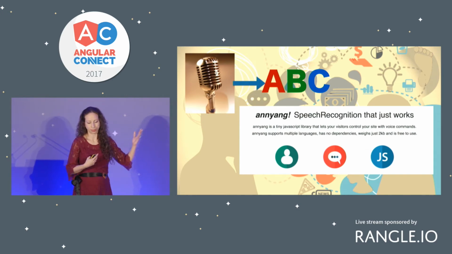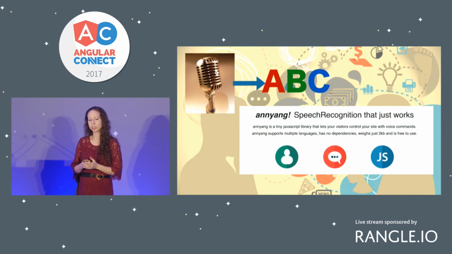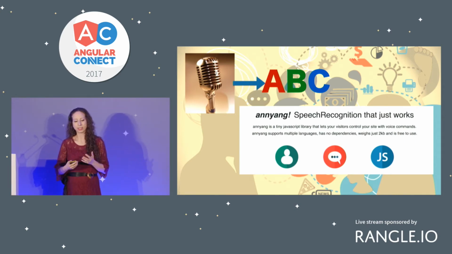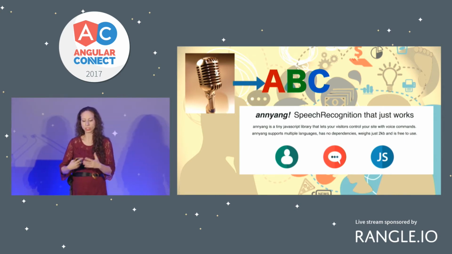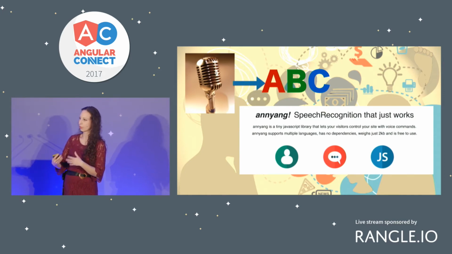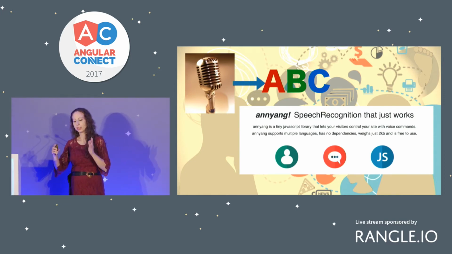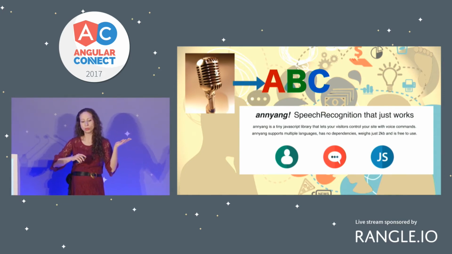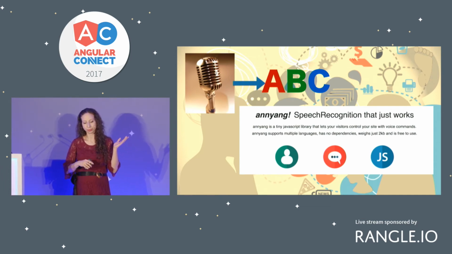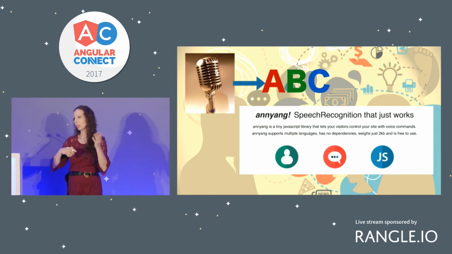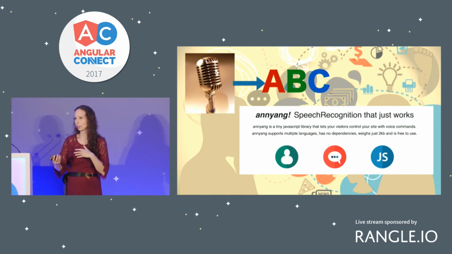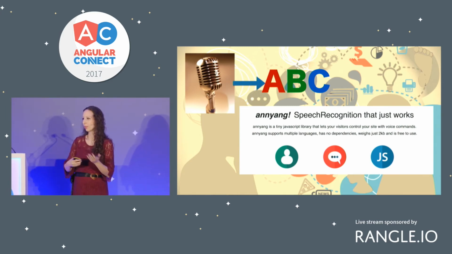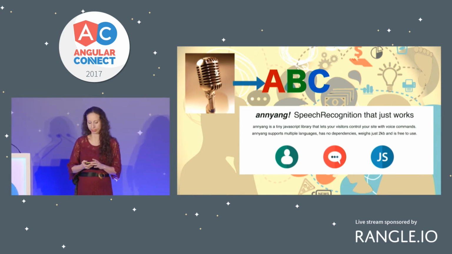For example, this great, very well-known library is called Annyang. You can give it sentence structures with placeholders for parameters and map them to functions in your application. And of course, it falls back to doing nothing if you don't have this ability in your browser.